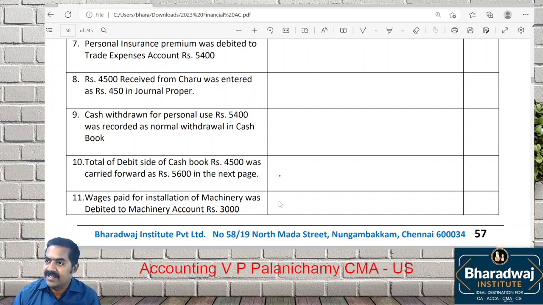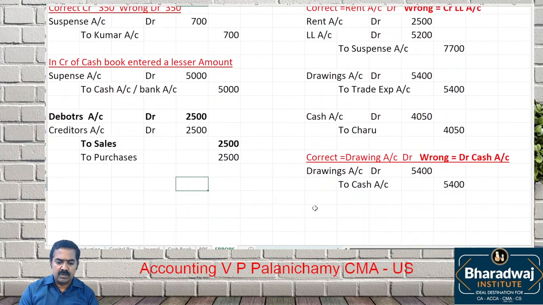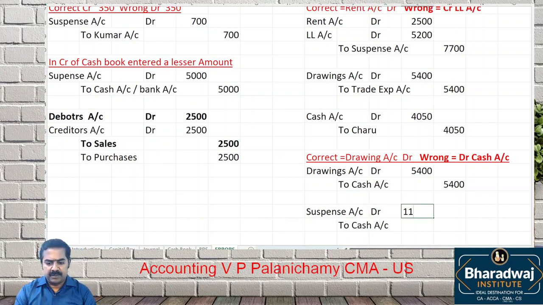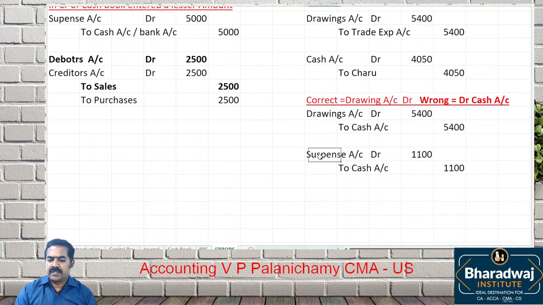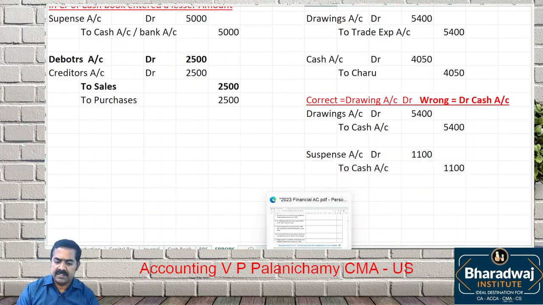Excess debit. How to remove this? Credit. How to credit this? Suspense account. We have made an excess debit. Credit and cancel 1,100. Suspense account to cash account, 1,100.